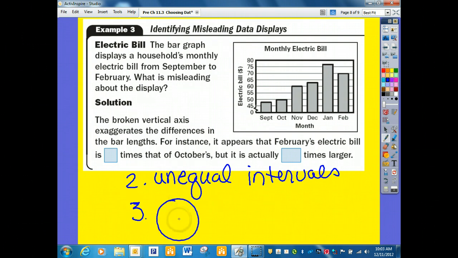If you have a circle graph and this might be 2%, this might be 50%, does that look like 50% of my graph? No. So how could you say that about a circle graph? Percentages are off. Make sure the graph matches the percentages.